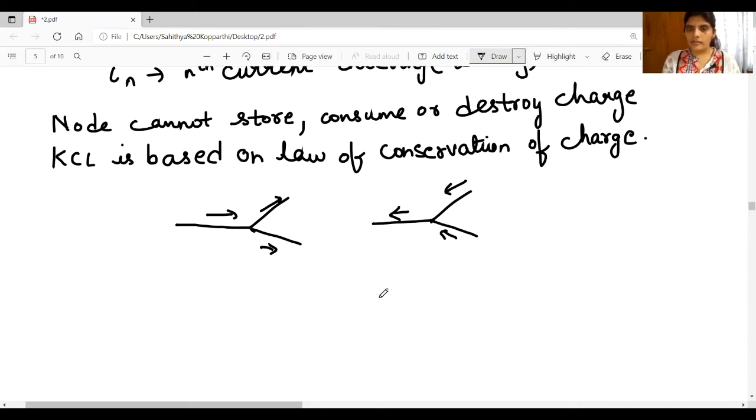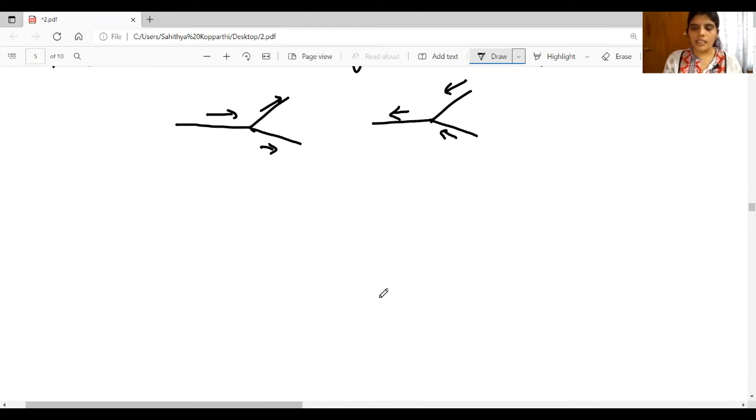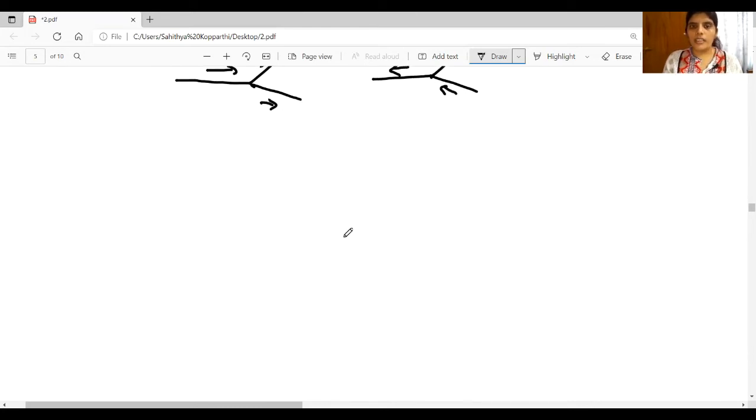For detailed understanding, consider node A, and suppose I connected four wires. This is my assumption.